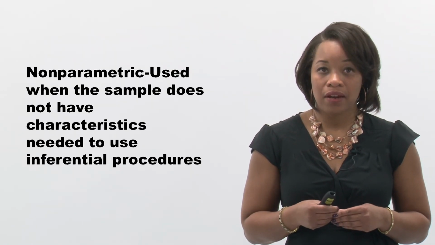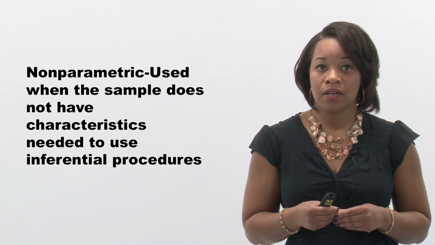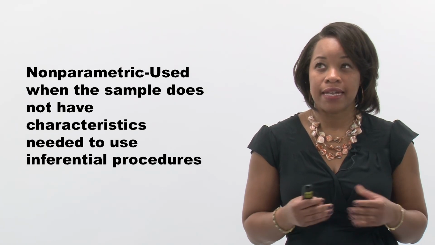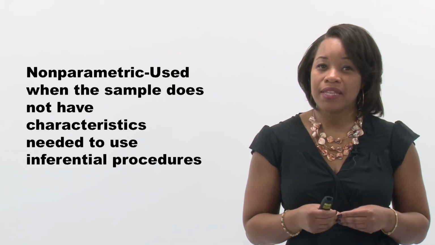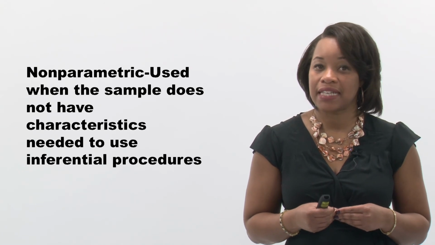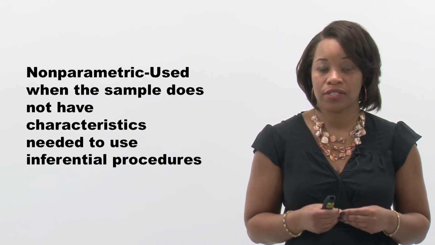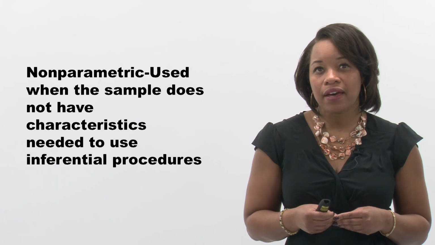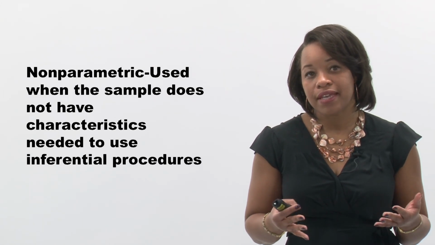With non-parametric analyses or samples, that's when the sample does not have characteristics needed to use an inferential procedure. So that would be the kinds of things you would do with the sample.